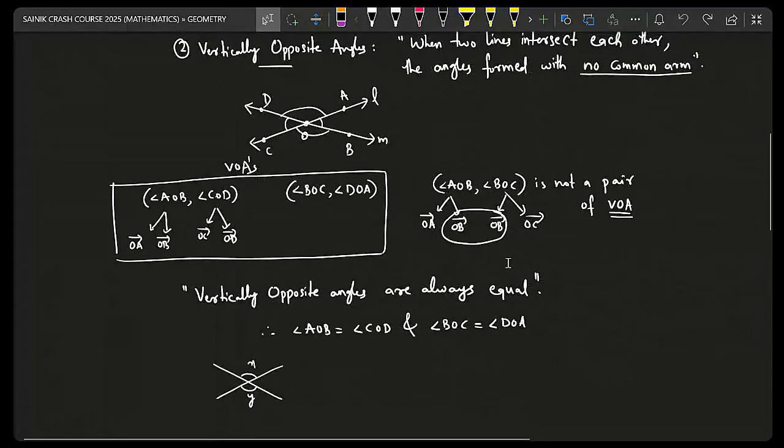Yes, I'm naming these two angles also. I'm calling this A and I'm calling this B. Now you can use them to prove X is equal to Y.